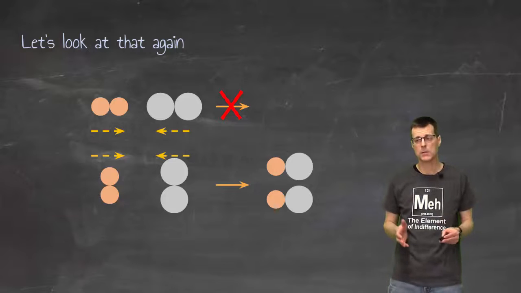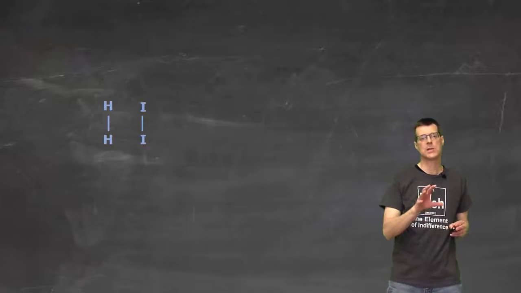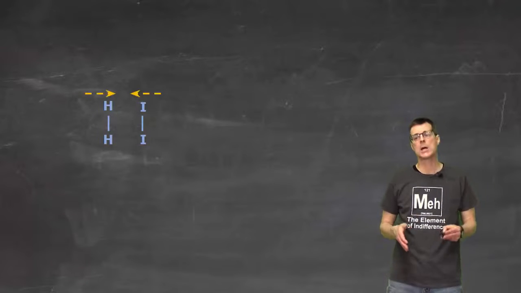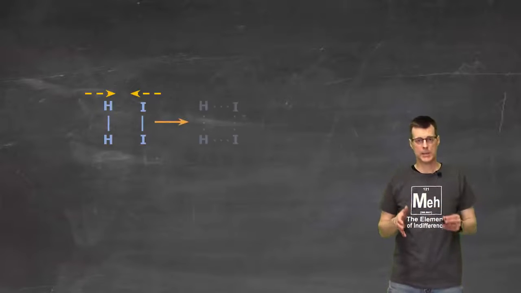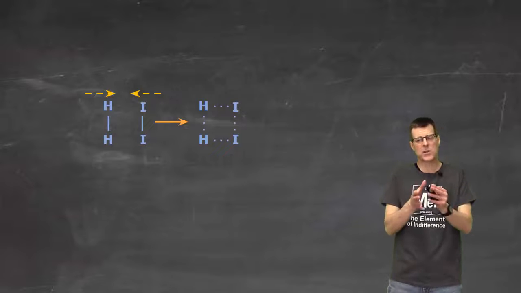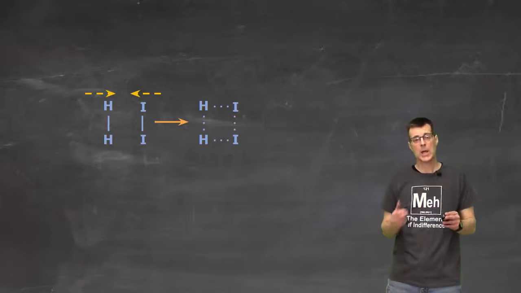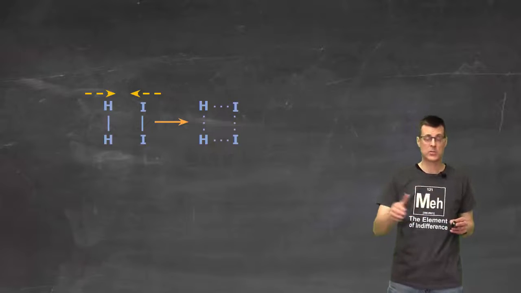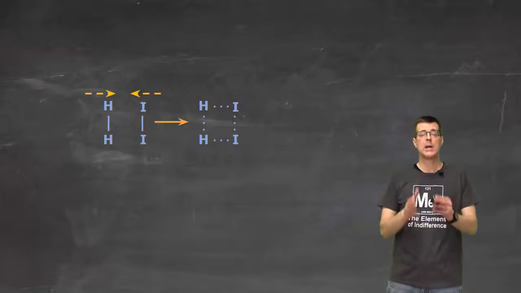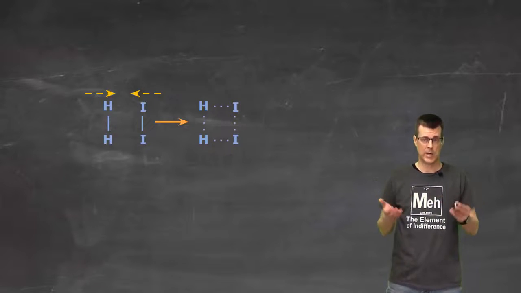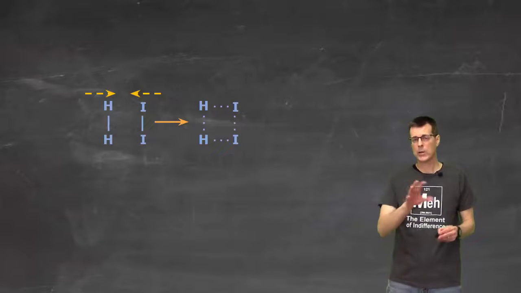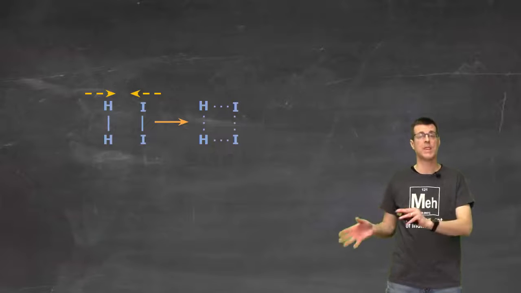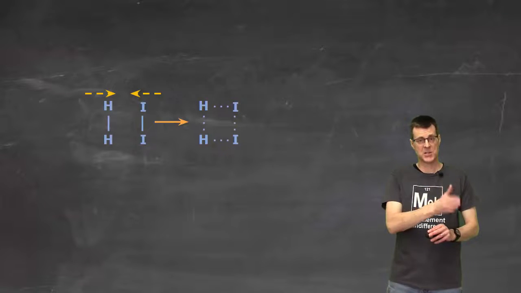Again, I can't see this happening, so this is very theoretical, but it should make sense. If I collide those atoms side by side, then I can start to break the bonds between hydrogen and between iodine, and start to form new bonds between hydrogen and iodine. I know I'm going back on something I said before, where the bonds are broken and then formed in step one, step two.